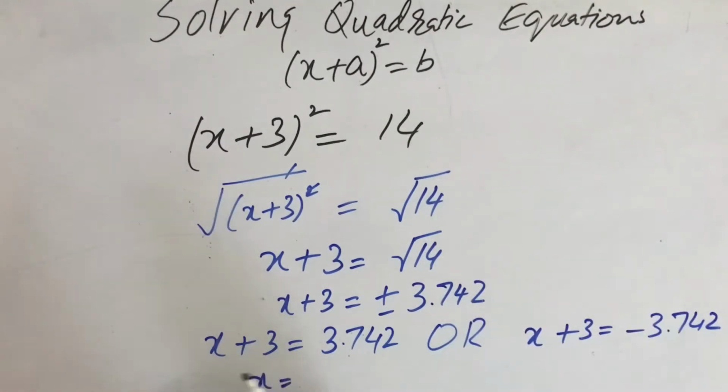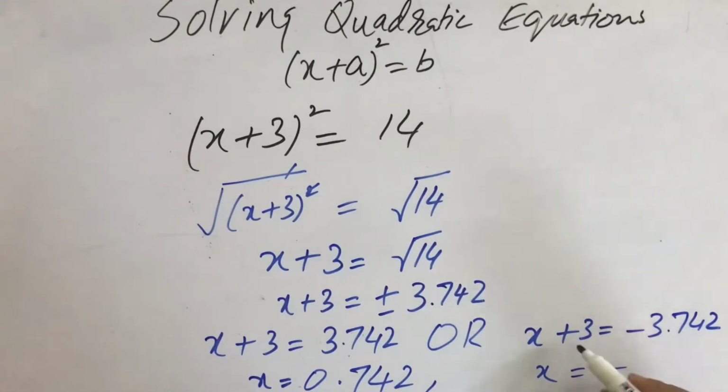When I shall take this 3 on the other side, my answer will be 3.742 minus 3 will be 0.742. And when I shall take this on the other side, it will be minus 3.742 minus 3, it will be minus 6.742.